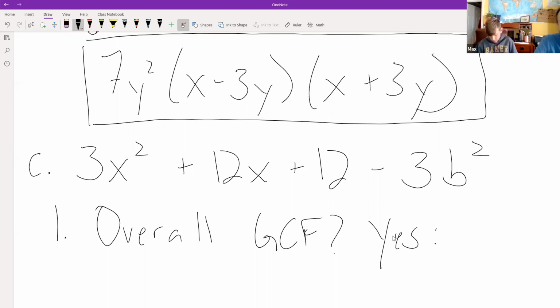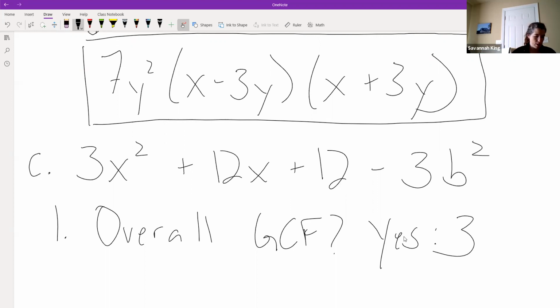It's 3. It is 3, yeah. So no x's or b's as part of that.